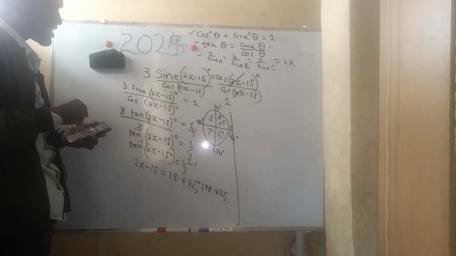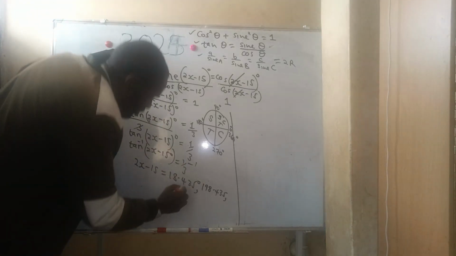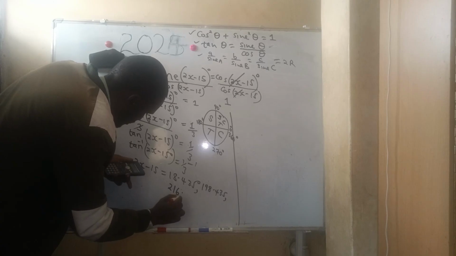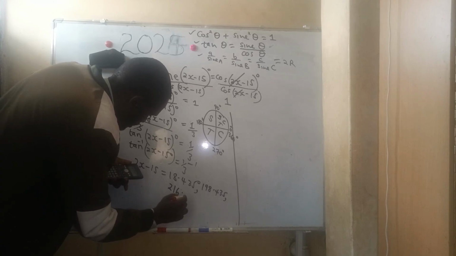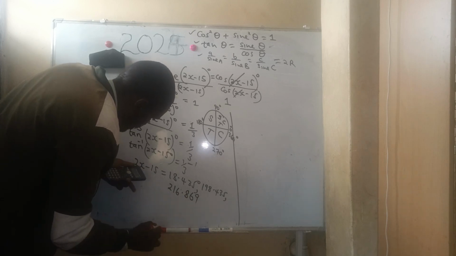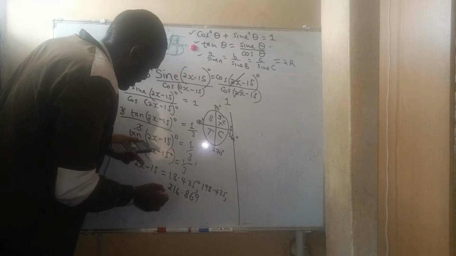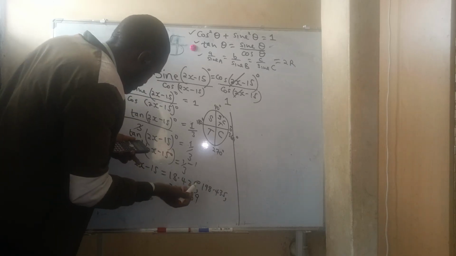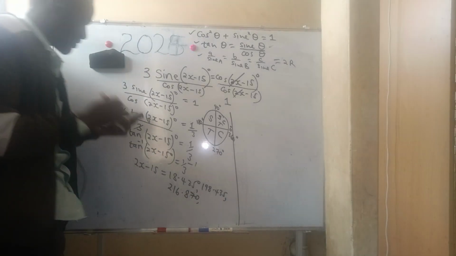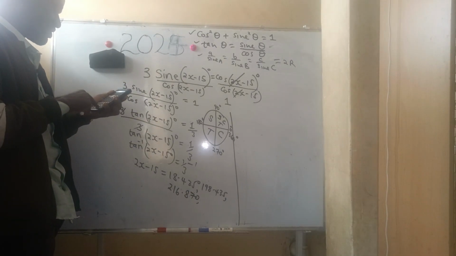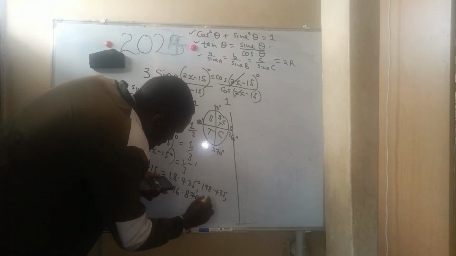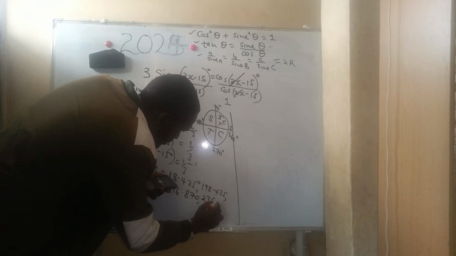We have 216.869, or 870. We can also add 18.435. We're getting all possible angles. So we can have 235.305.